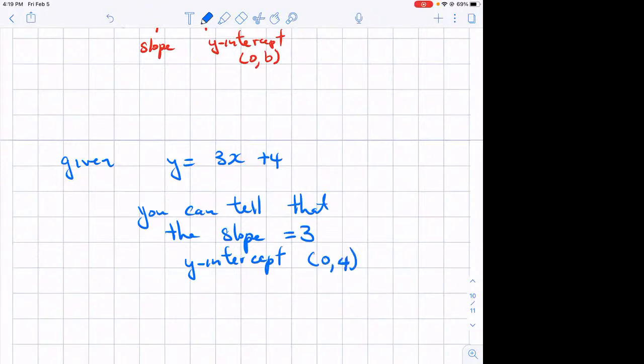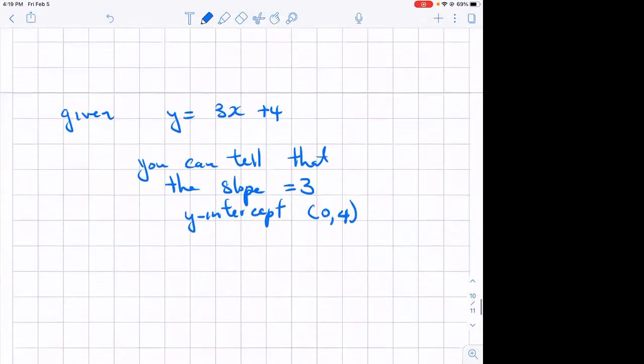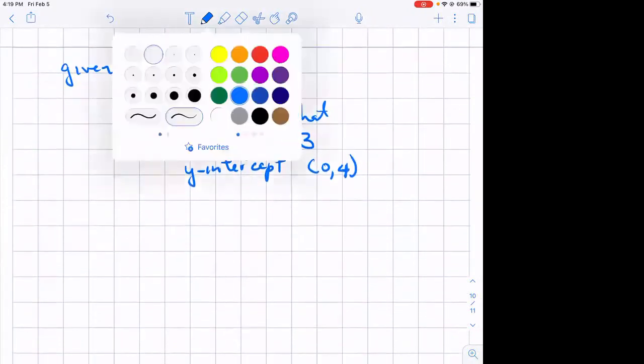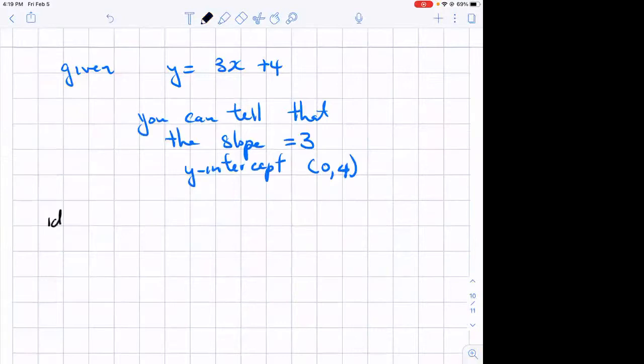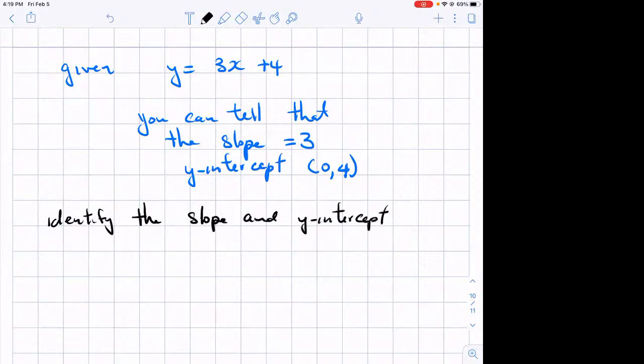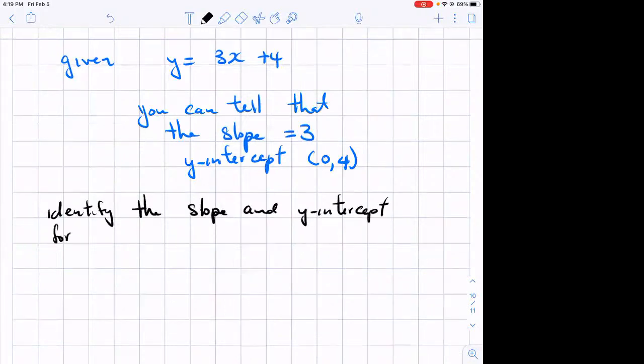Now I know in a lower grade, most of you will say, well, the y-intercept is 4. Remember, points are pairs, right? They come in ordered pairs, so 0, 4. Now be very careful, because if I ask you to identify the slope and y-intercept for the following.